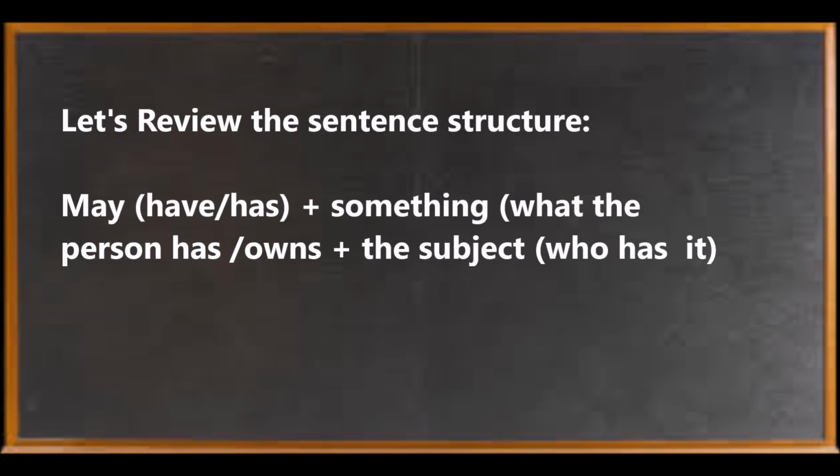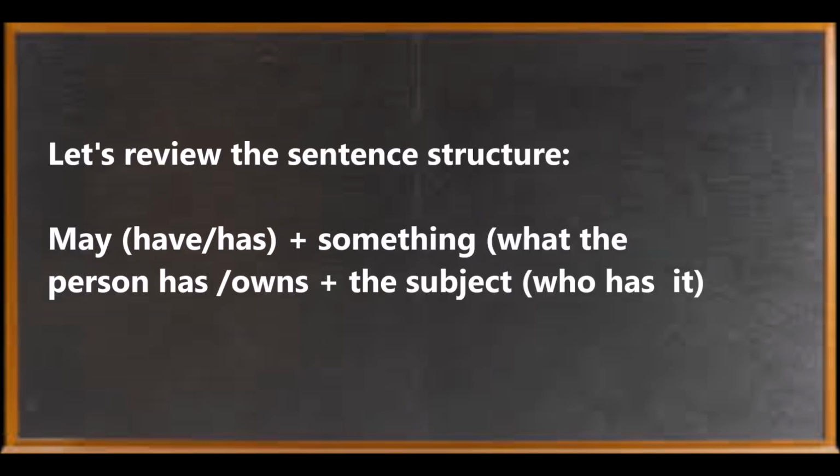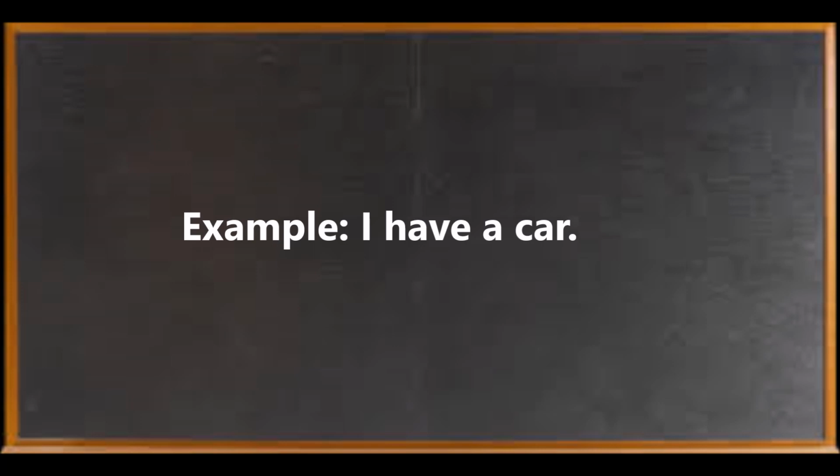Again, one more time, the word order or sentence pattern is "may," which is have and has, plus something, or what the person has, what the person or anyone possesses, and who has it. So, for example, I have a car.